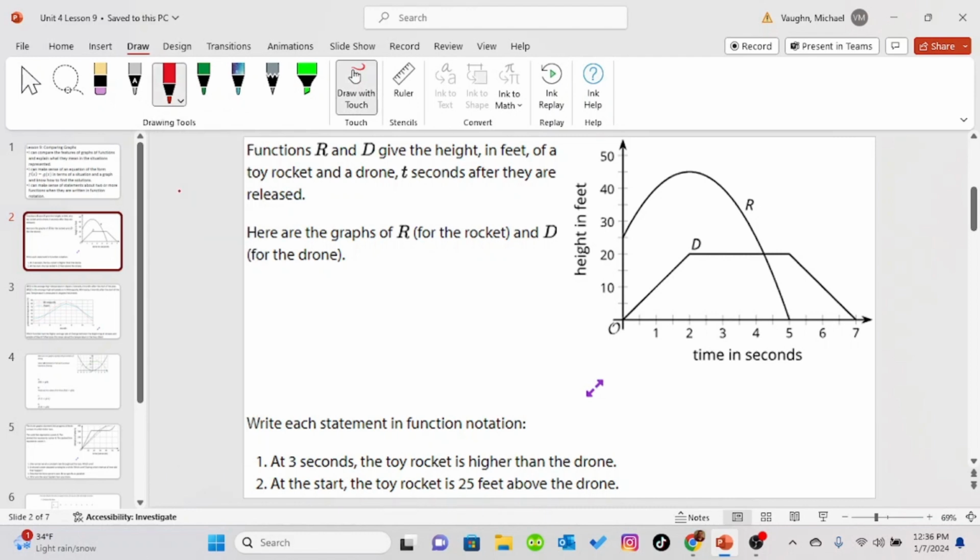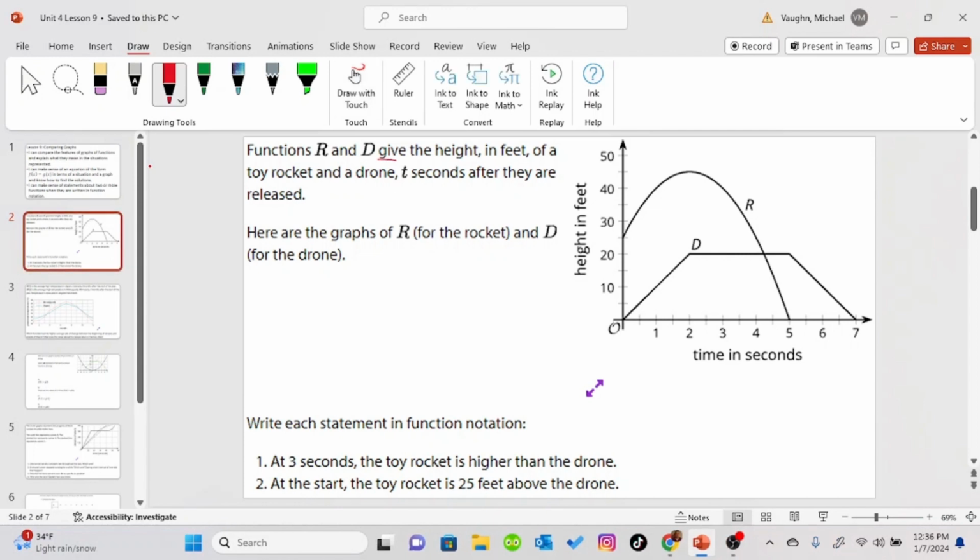Functions r and d give the height in feet of a toy rocket and a drone t seconds after they are released. So, when we see that the functions give, the very next thing is our output.